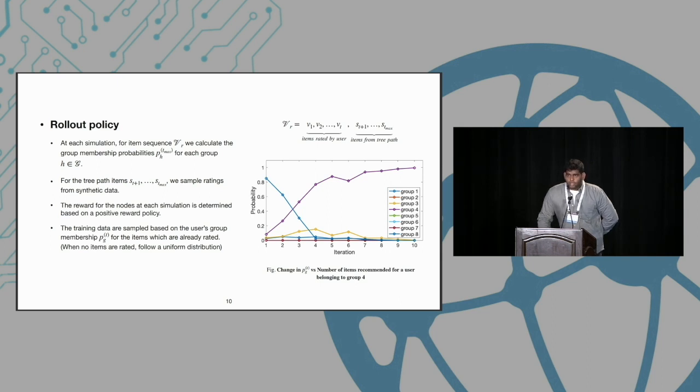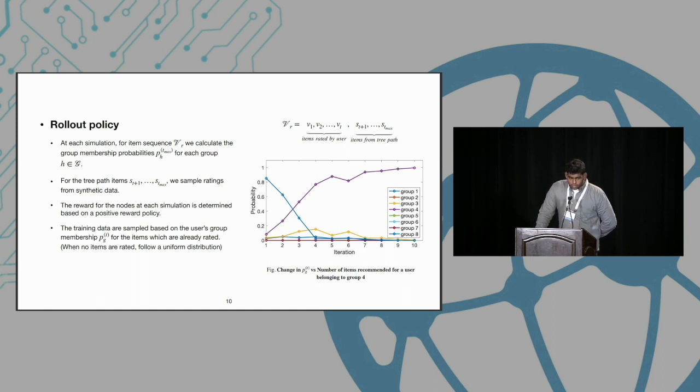If the user has rated any items beforehand, we have a series of items, V1, V2, and so on, where we have the actual rating from the user. For the items which we selected from the tree, we are using synthetic ratings belonging to a particular group. And for this entire sequence, we apply the group memberships and determine what reward to provide to this simulation, to this node.